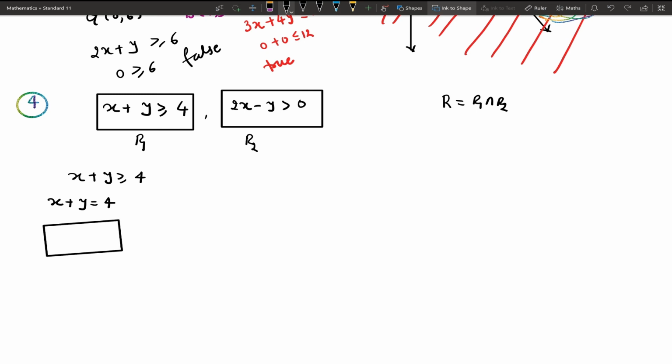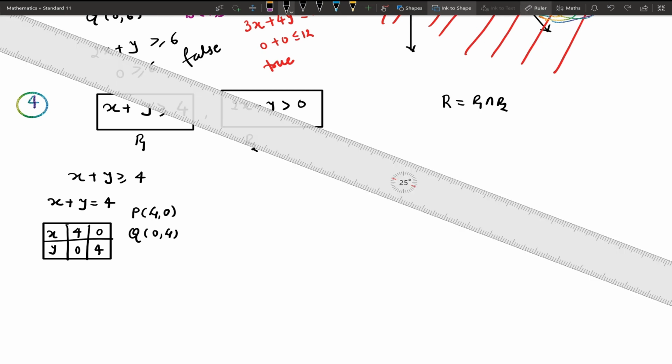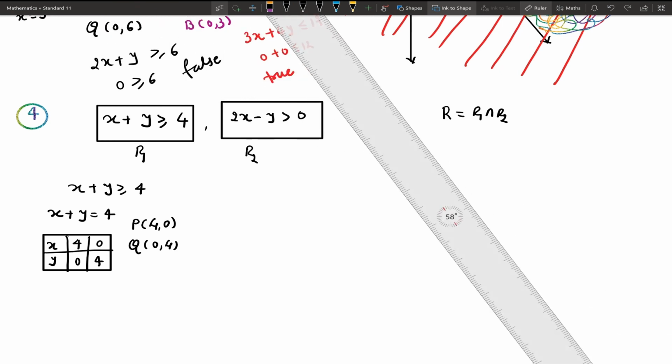As usual, if we take y equal to 0, then x will be 4, and if we take x equal to 0, y will be 4. So the line passes through points P (4, 0) and Q (0, 4). Now let us find region R1.